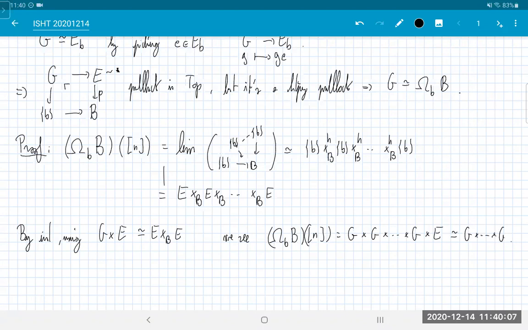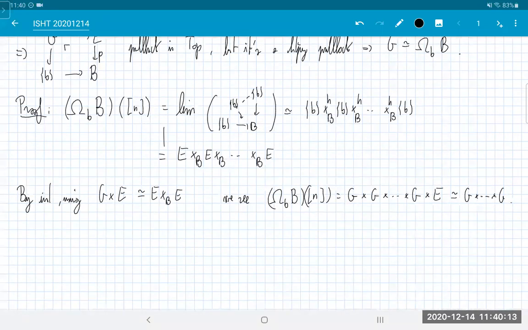And that's G to the n. And actually, you have to check that the maps are the same as the maps that I'm claiming, but everything is explicit. So this is, remember, just G bracket n.